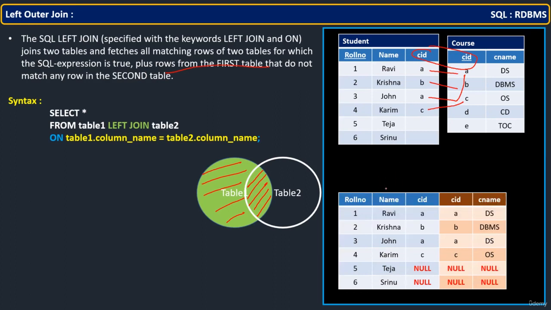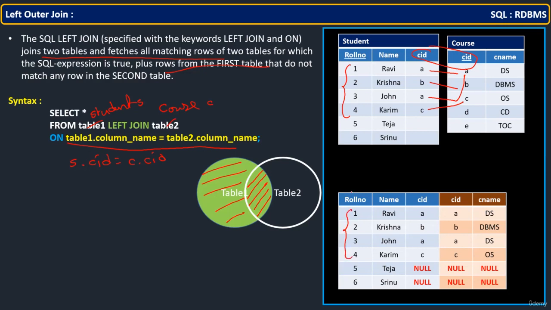For example, if you apply the left join, here I place student and here I place course, what is going to happen? With alias names S and C, if I take S.CID equal to C.CID, what is going to happen? You can observe here, these four rows are matched rows. That is the first part, fetching the matching rows.